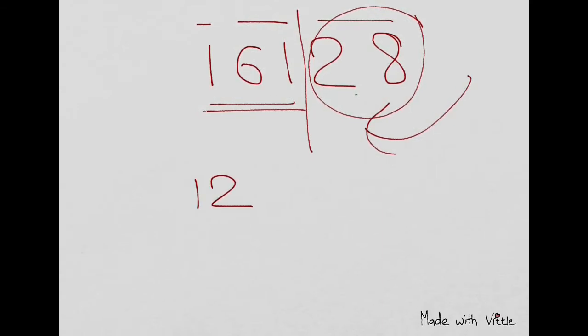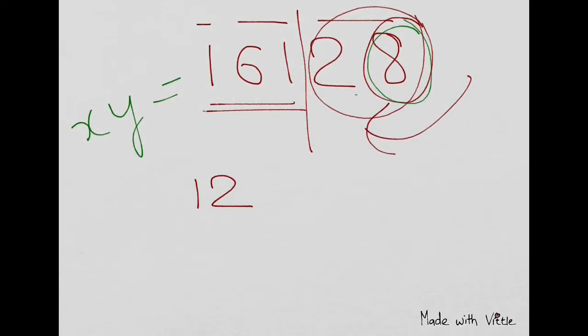Now you just need to check the unit digit. For example, if this question had two even consecutive numbers, so x and y equal to 16128, unlike the previous question that was odd. These two are even consecutive numbers. So which two numbers will give you 8 as the unit digit?